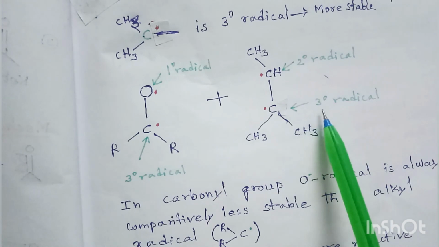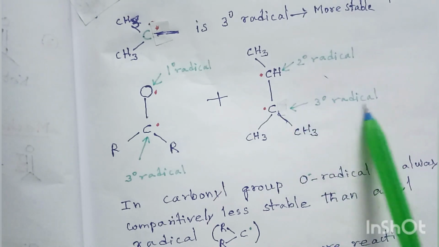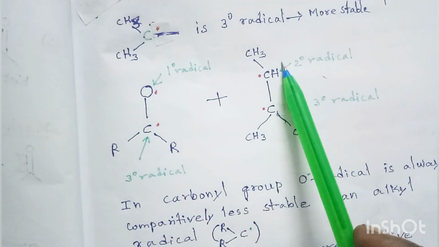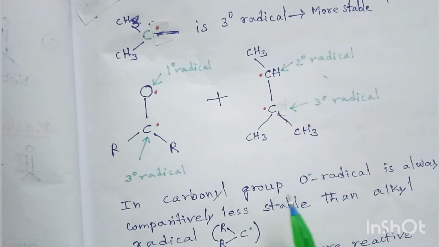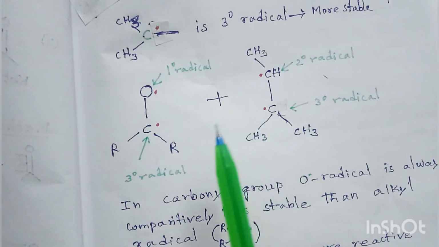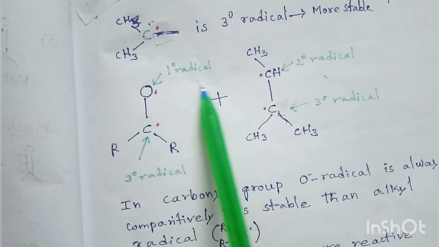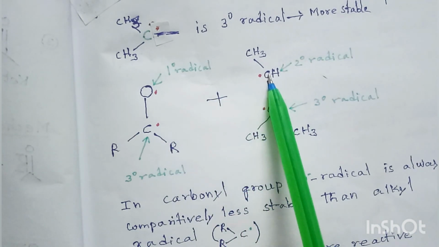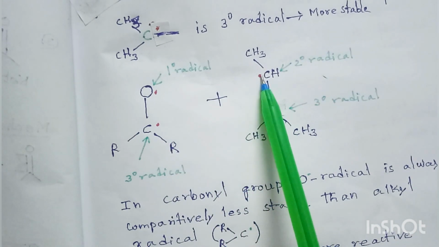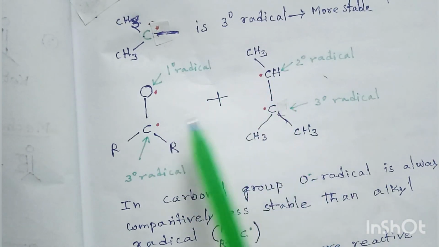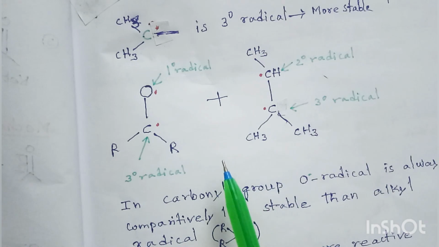So this is a tertiary radical or 3 degree radical. So this is more stable. This is less stable. So in the first step, the less stable oxygen radical will combine with the less stable CH radical of the alkene to form a bond to give the more stable 1,4 biradical intermediate.